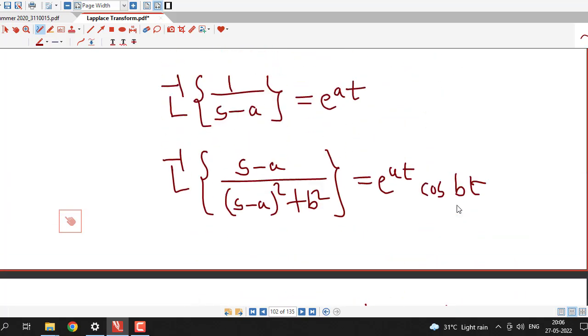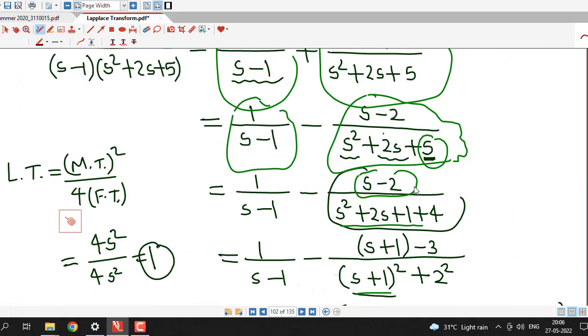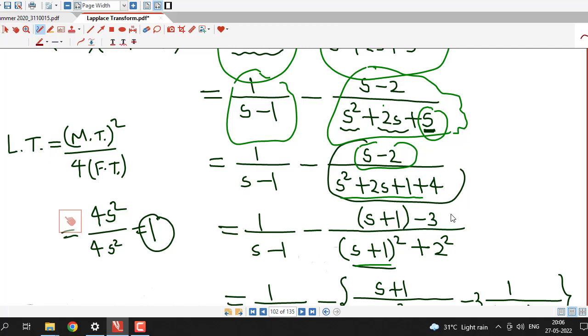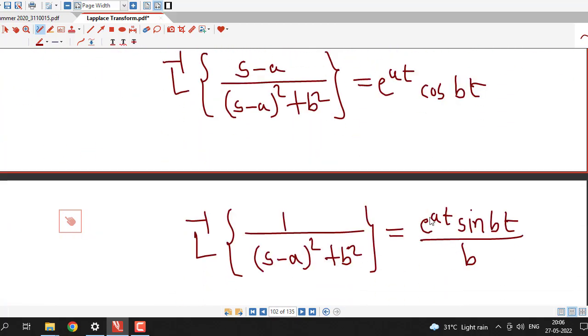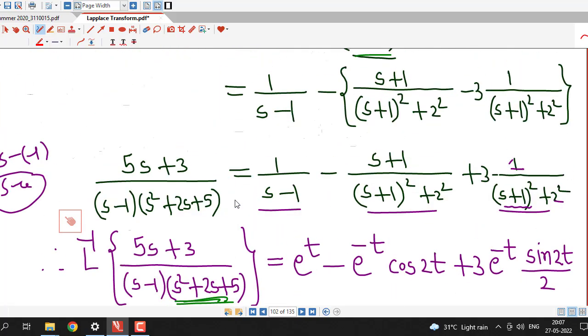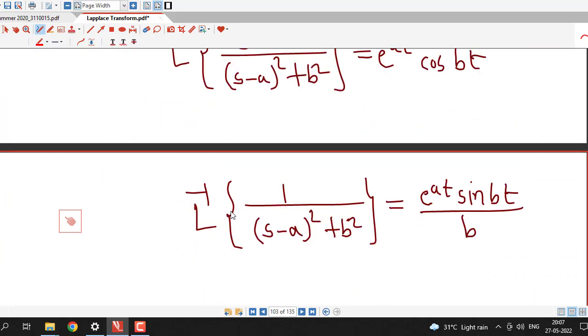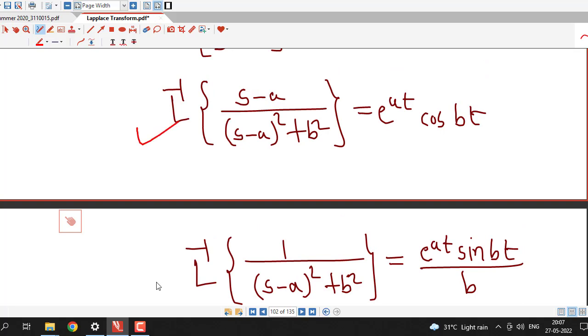So you must be familiar with all these formulas, then only you will get the idea that I should write my function in this way. And remember, whenever we have an irreducible factor in the denominator, here s square plus 2s plus 5, we most probably have to write our function in this form, and most probably we will be using these two formulas whenever our factor is an irreducible quadratic factor.